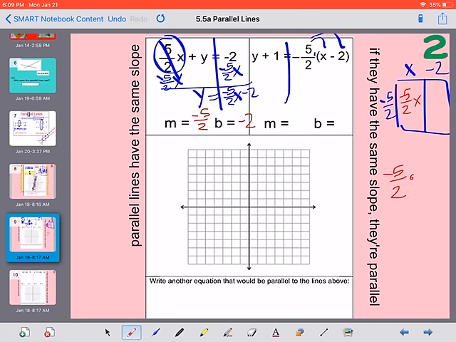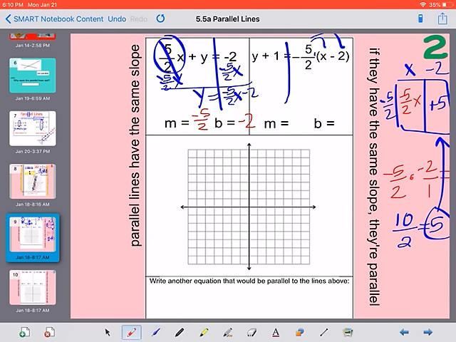But negative 5 over 2 times a negative 2, well, as a fraction, put it over 1. Negative 5 multiplied by negative 2 is a positive 10. 2 times 1 is 2. So 10 divided by 2 is 5. So our answer in there is plus 5, because our two negatives made a positive.